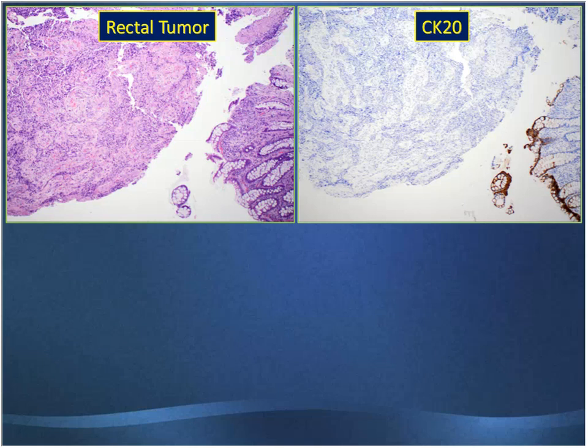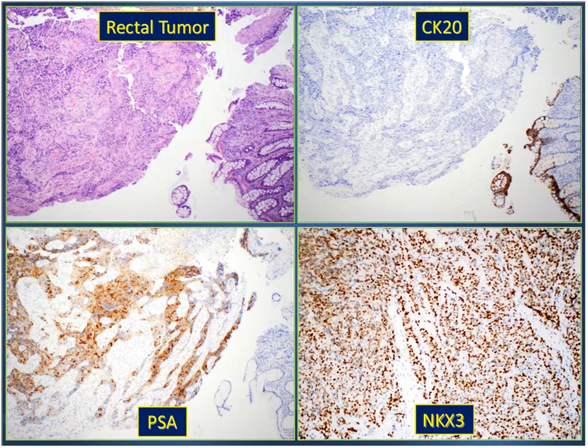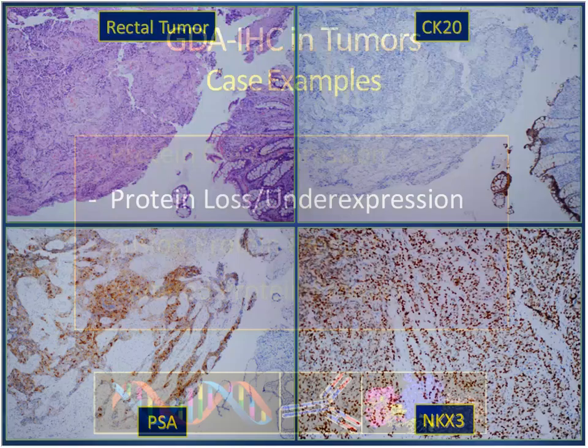This was CK20 negative, also SATB2 negative. PSA was positive, as you can see, but NKX3.1 positivity was basically universally staining all the nuclei of the tumor cells. It's an extremely helpful marker in that differential diagnosis.